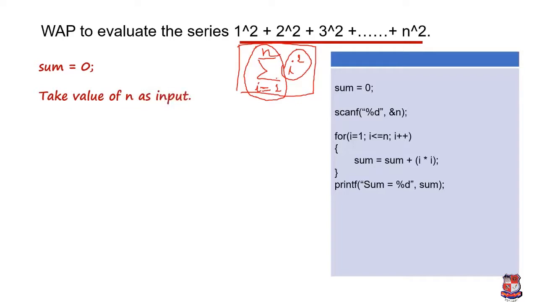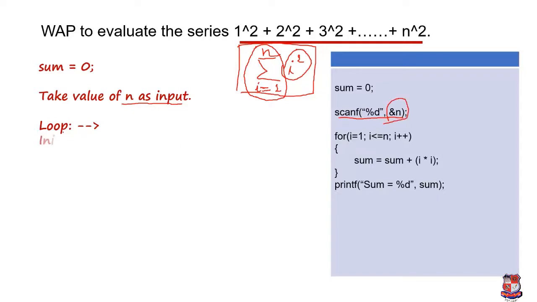Then we take as input n, the number of terms till which we have to evaluate that particular series. For that we take the input like this: scanf inside the inverted commas percent d, and then n.